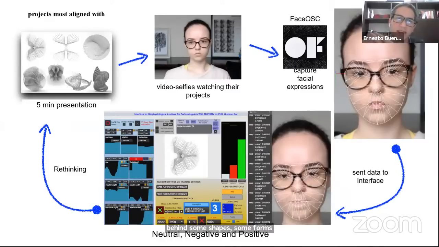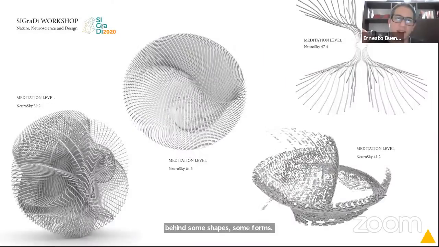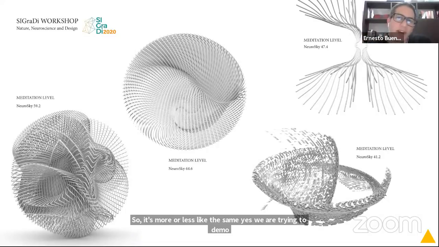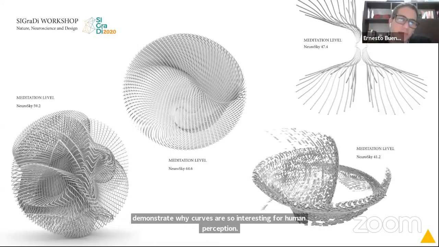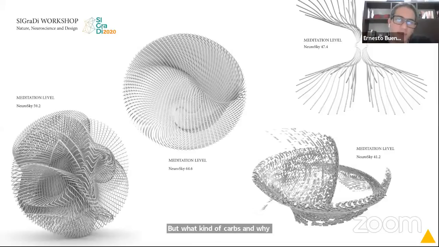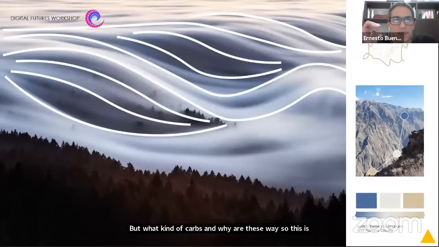We can use that as an instrument for future designs. It's more or less like saying we are trying to demonstrate why curves are so interesting for human perception, but what kind of curves and why are they this way? So this is pretty much the idea: making tools for future designs.